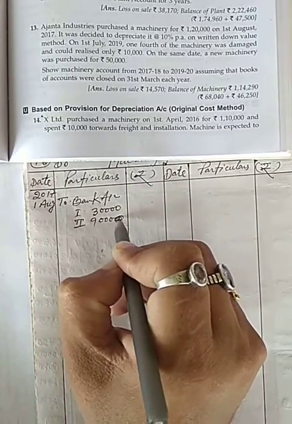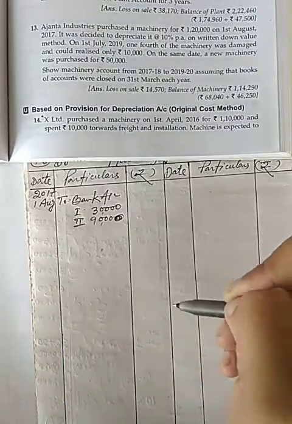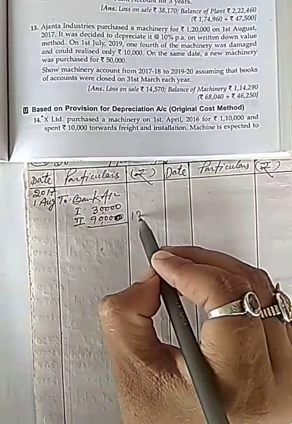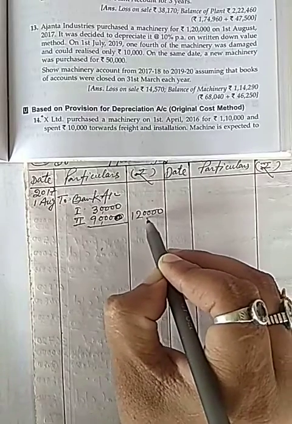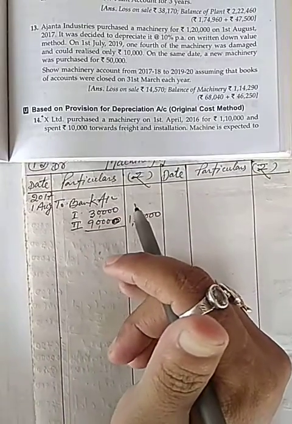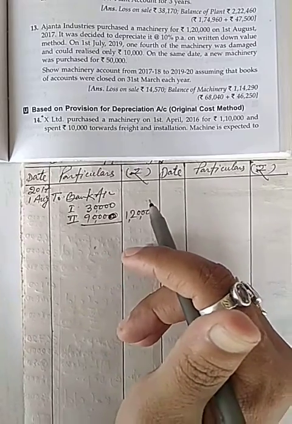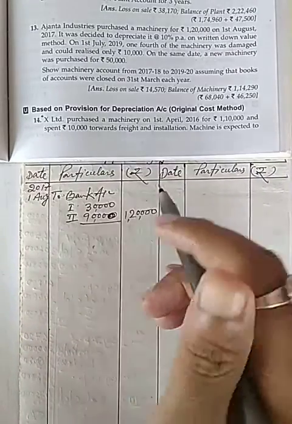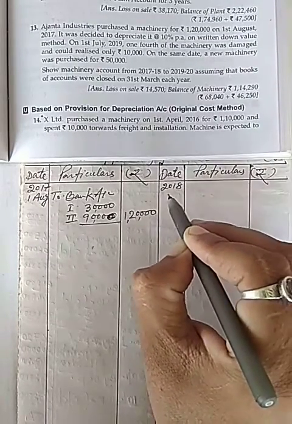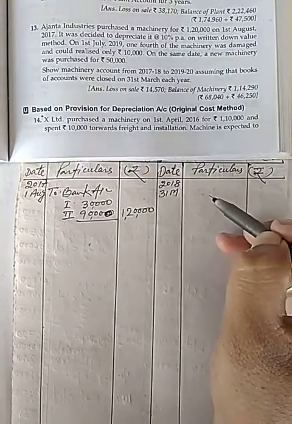Now we will see our calculation will be easy in next year, and I will write 1,20,000. Now we have to depreciate it. So depreciation will be on 2018, 31st March, M for March.